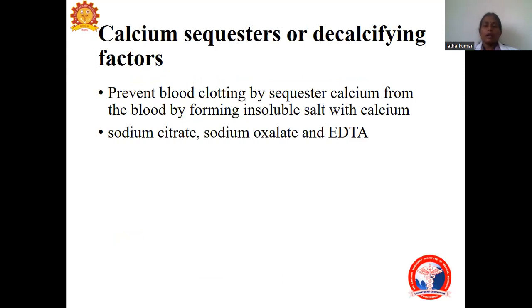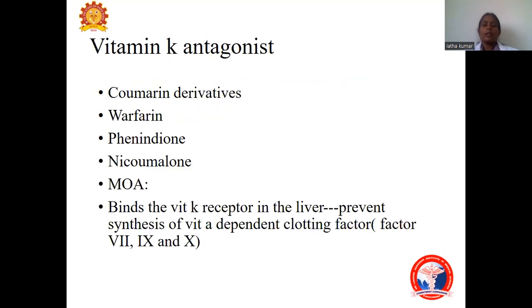The calcium sequesters are sodium citrate, sodium oxalate, and EDTA. Vitamin K antagonists are coumarin derivatives, warfarin, phenindione, acenocoumarol.